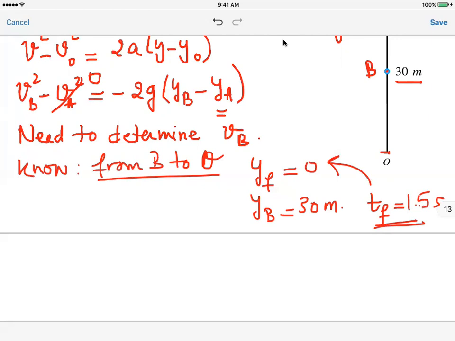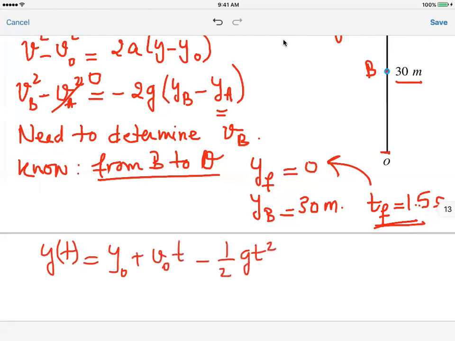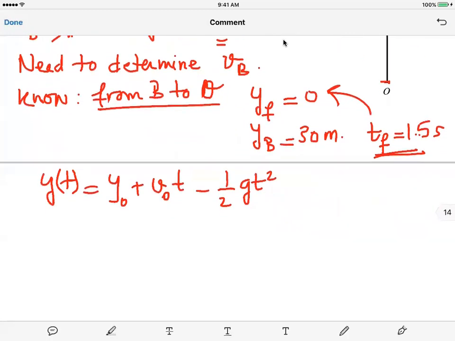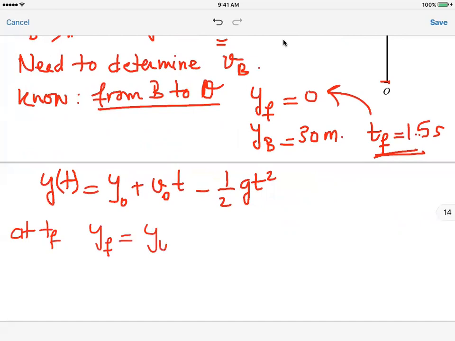And so actually we need an equation that relates y to the time. We know that the equation that relates y to the time is given by y as a function of t is equal to y0 plus v0 t minus half g t squared. Okay. Let's replace every term by its value at the time t final. So we can write down y final equals y0 plus v0 t final minus half g t final squared.